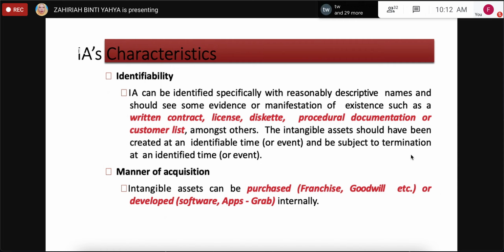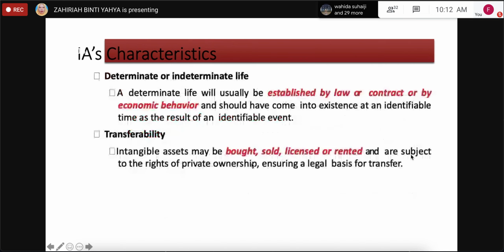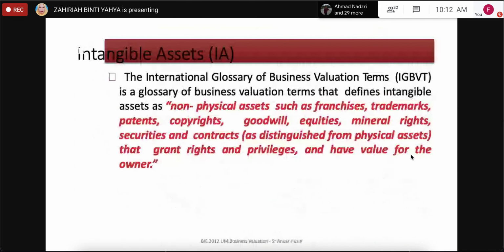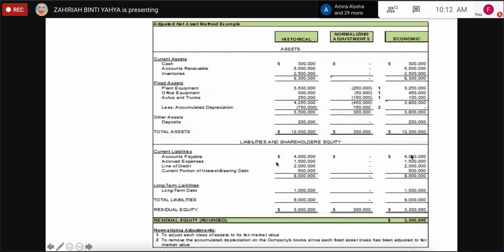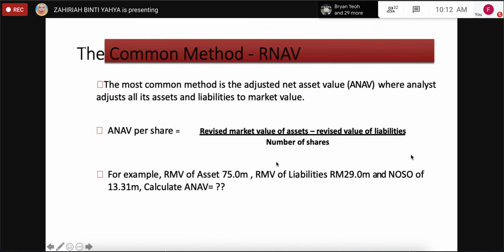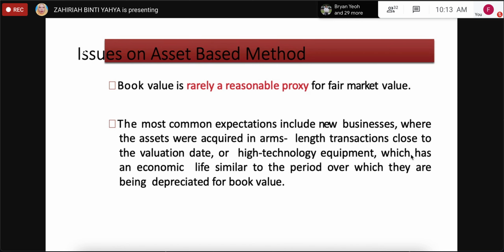Kalau game tu dia masuk under mana? Under copyright ke, under patents ke, whatever lah. Maknanya dia ni under trademark or whatever. So you develop. Nak beli tak ada orang nak jual, you develop.